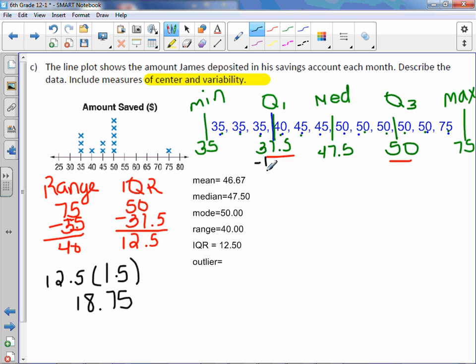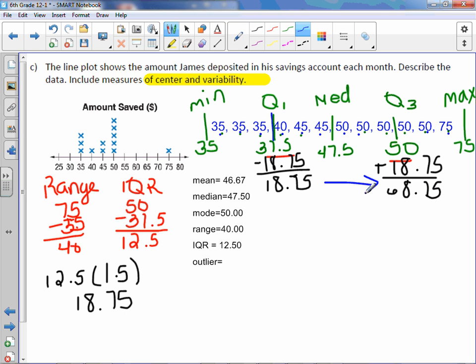We're going to subtract 18.75 here and add 18.75 on our third quartile. We get 18.75 on the first quartile, and we get 68.75 on the third quartile.